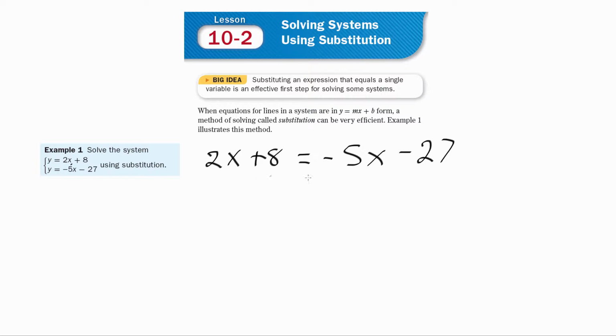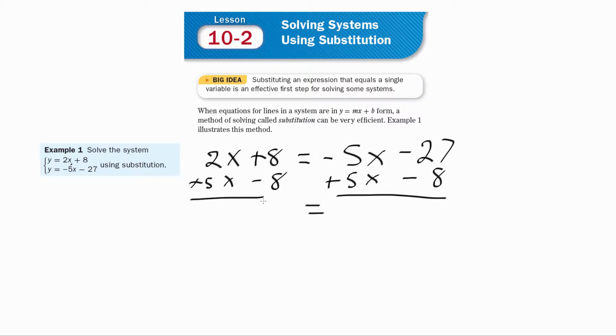Now I solve this equation for x. I think I'm going to go ahead and add 5x to both sides of the equation, so it's going to be a plus 5x. I'm going to subtract 8 from both sides of the equation. That's plus 5x, and that's minus 8. I'm going to have my equal sign here.